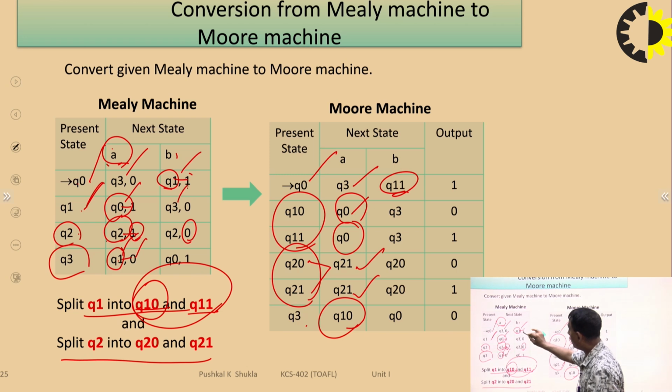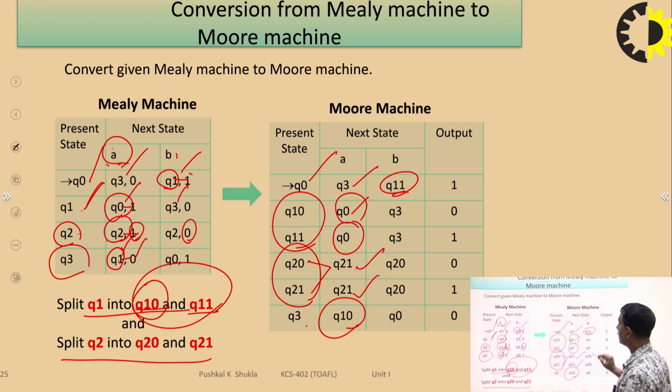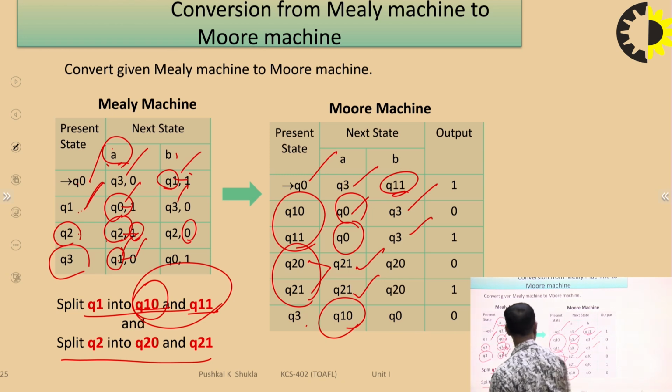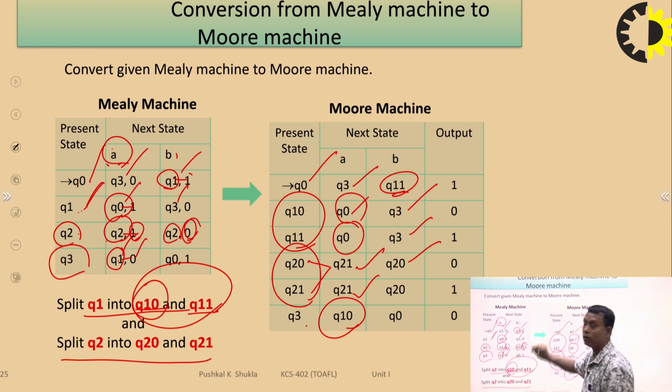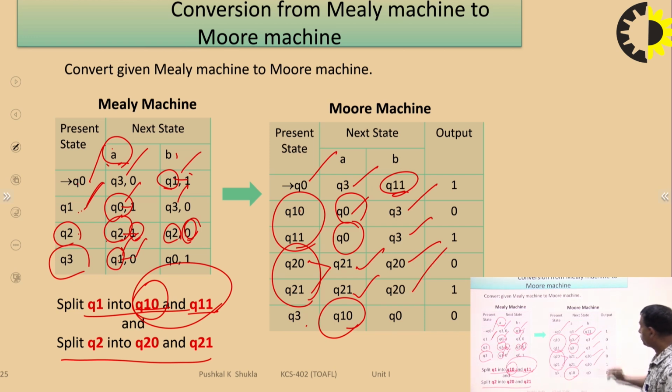Here state is Q3, so Q3 is alone, so write Q3 in both places, because Q1 is split into two parts. Then Q2 0, so write here Q2 0, and corresponding to it the output is 0, so write Q2 0 in both places, and then Q0.